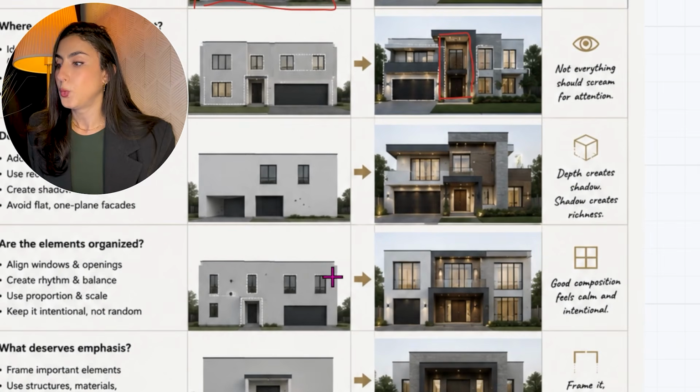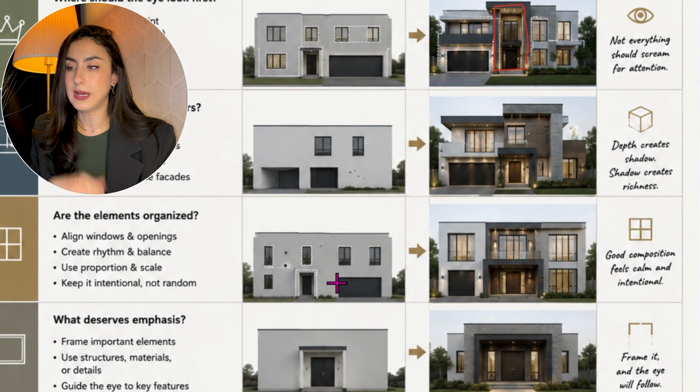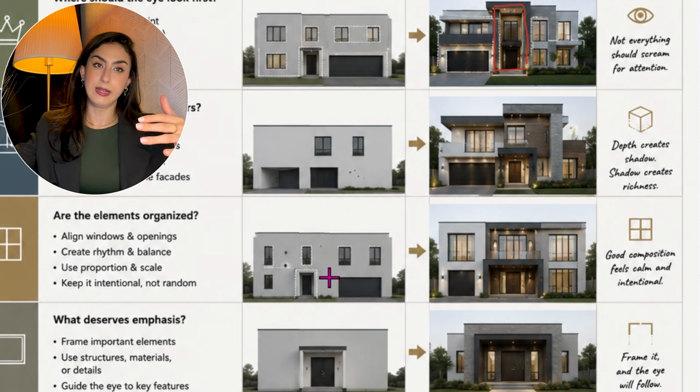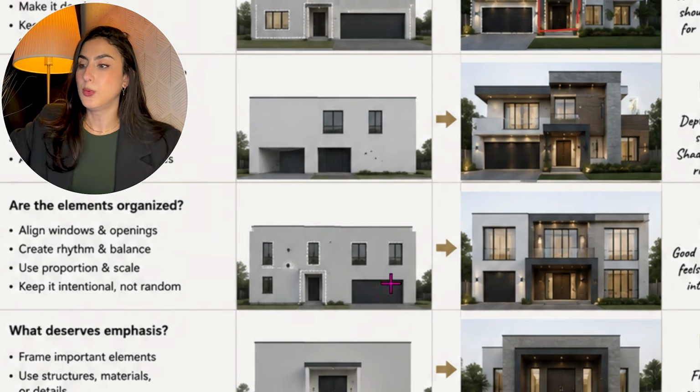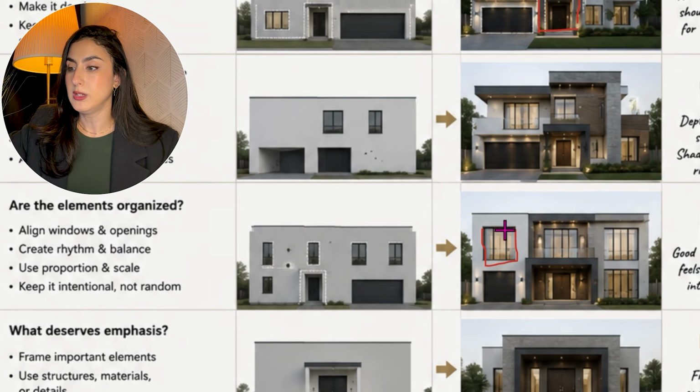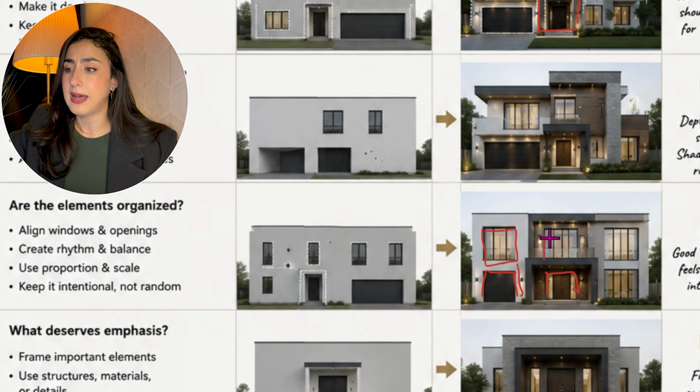Number 4, we're going to look at the composition of the facade. Composition is all about having different things aligning. For example, with the openings, we want to make sure that the windows, or any type of opening, it doesn't have to be windows, the garage, the door, the balcony, everything needs to be somewhat aligned. You can always do this exercise with me again.